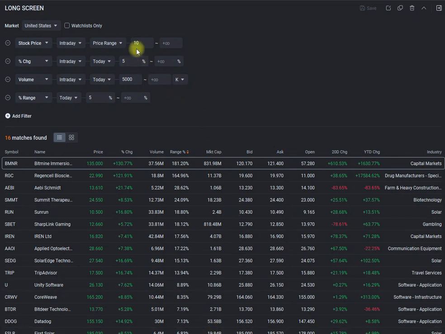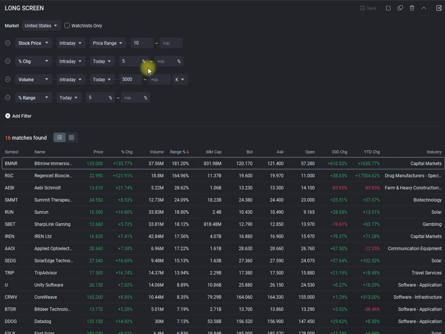Price is above $10. The change in price is more than 5%, so that's evidently strength. If the market is up 0.75, each one of these stocks is up more than 5%, and some of them are up 21%, others are up 16%, others are up 100%, and so forth.